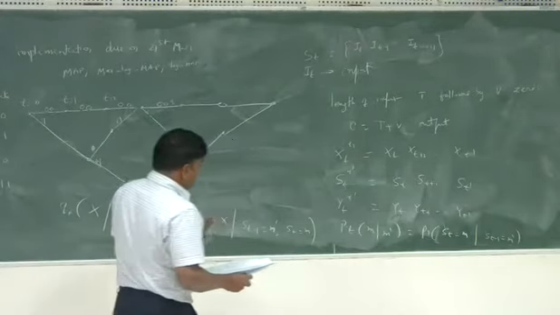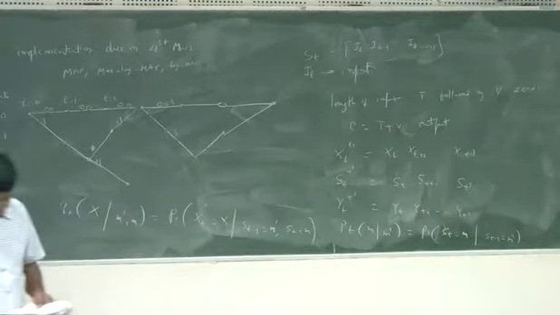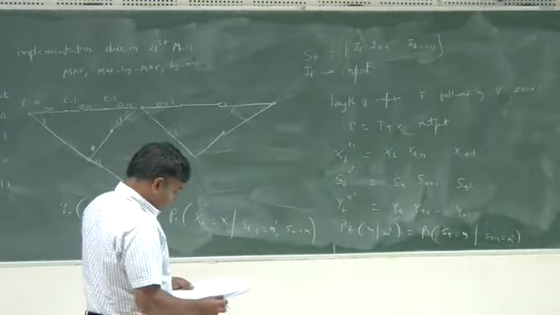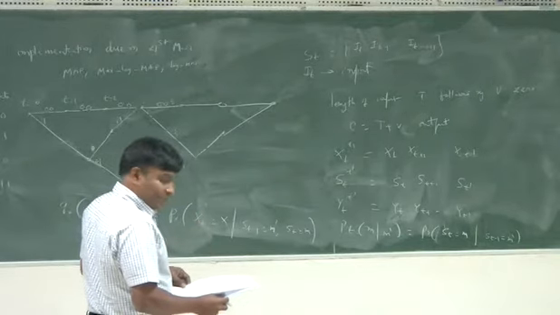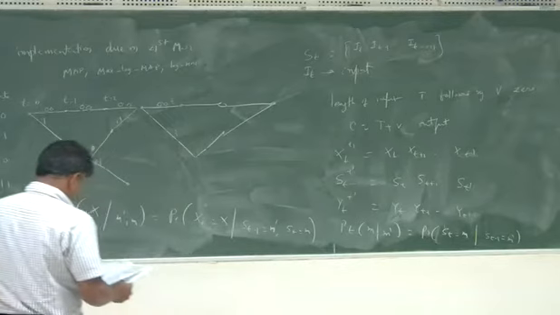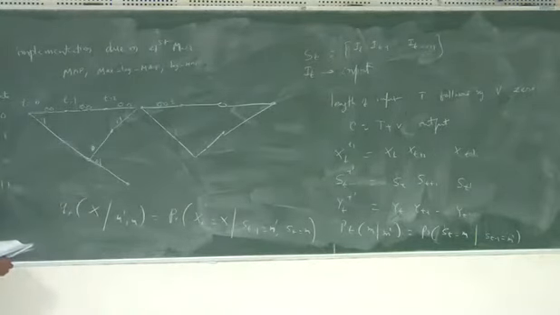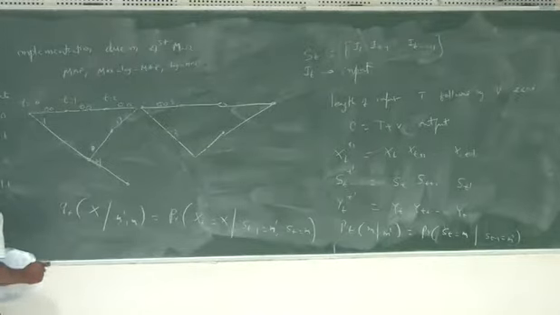Okay, so now we'll go ahead and specify the BCJR MAP algorithm, and part of the derivation, the other part was not complete. Okay. So we are interested in the outputs.